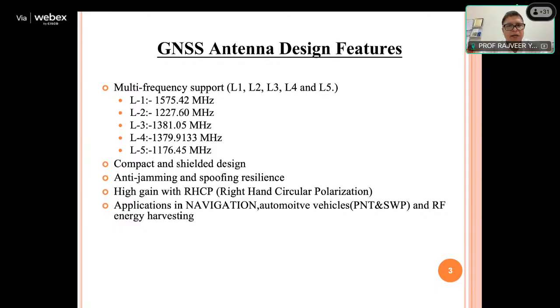Applications of all these GNSS antennas will provide you PNT, where, if I say PNT, the more specific term is APNT, meaning assured position, navigation, and timing. And in our design, we have added one more parameter: size, weight, and power requirement has been reduced. So these are the new features we are trying to embed into our designs.